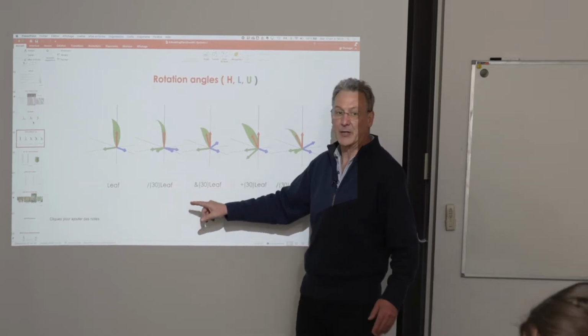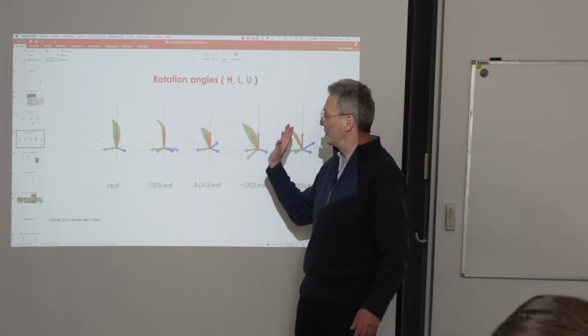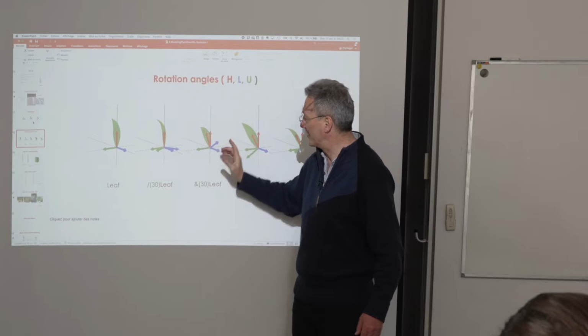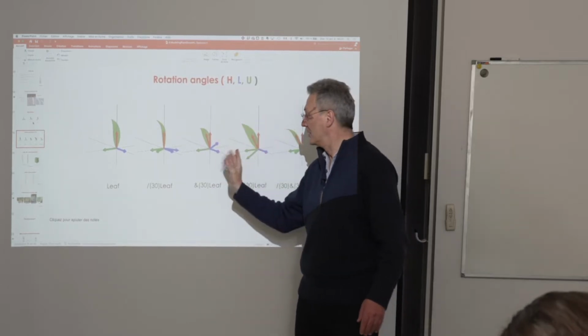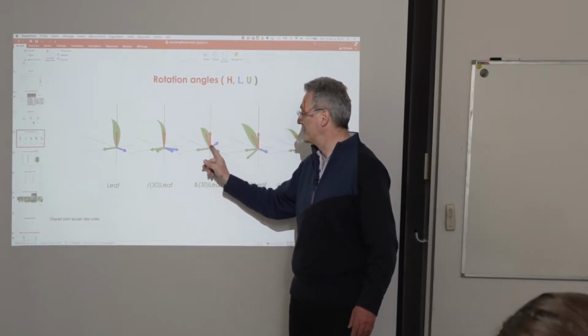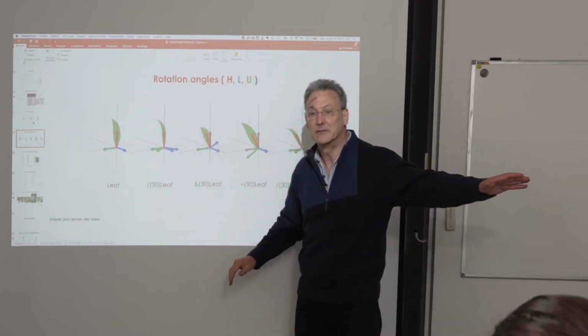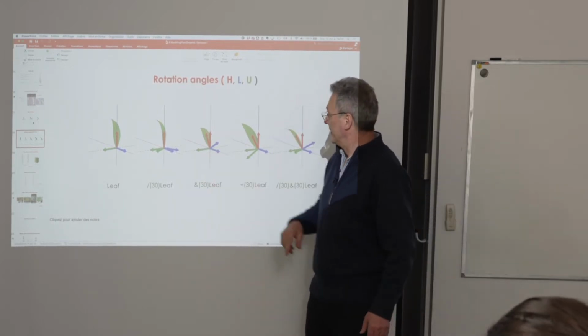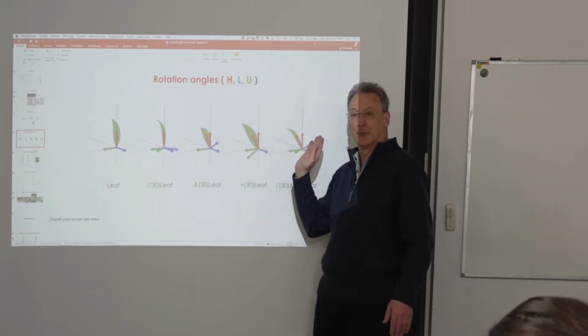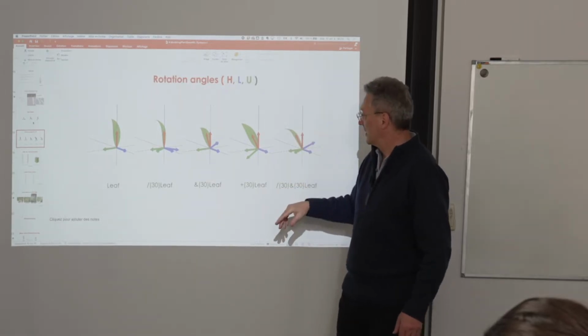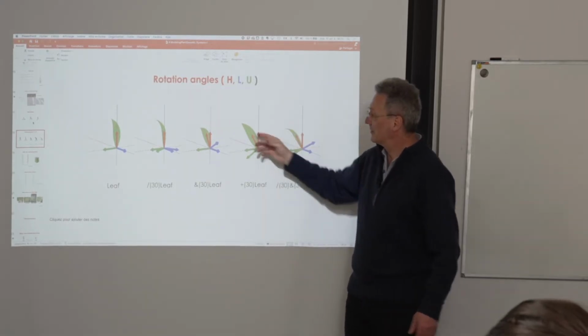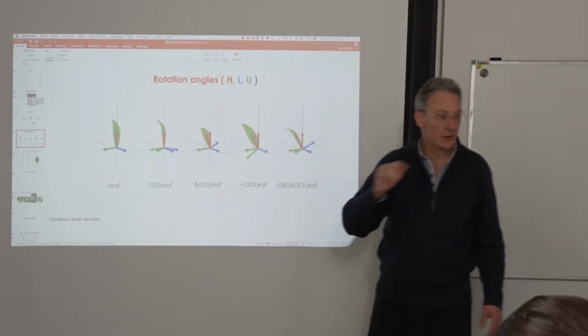I bend backwards, so I will turn in the positive direction, the turtle head around the left side, like this. Of course, if you put a minus, you go opposite direction. And now you have the different ways to turn the leaf.